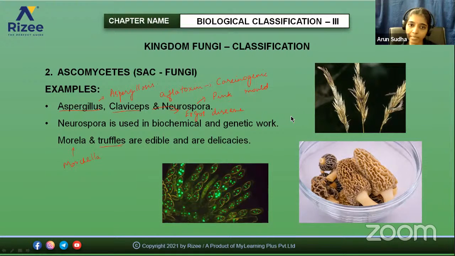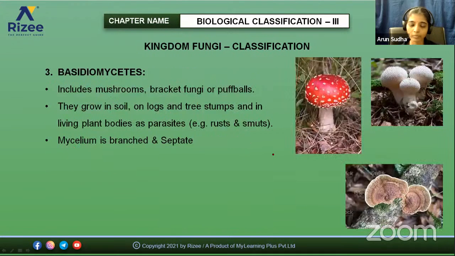Then the next is the Basidiomycetes. The examples include commonly mushroom, that is Agaricus bisporus, and bracket fungus. The example for the bracket fungus is Polyporus.